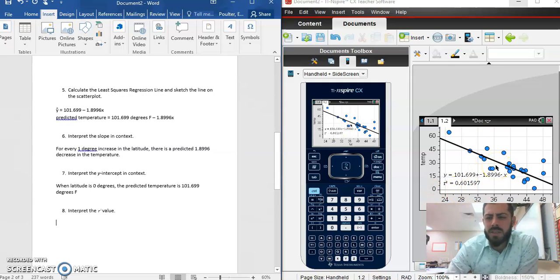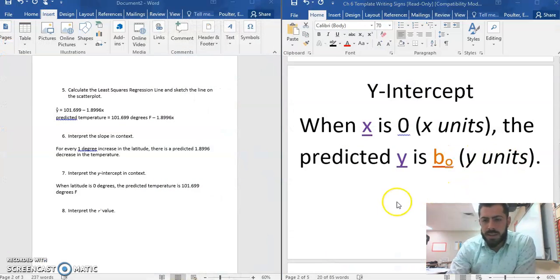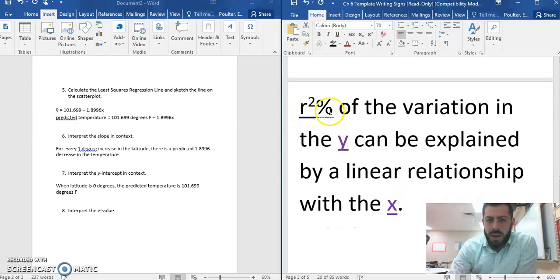It tells us how much variation in our Y happens specifically because of this particular X. So for our context, it tells us how much of the temperature change is specifically dependent on our increase in latitude, right? So we look at our little sentence stem. R squared percent of the variation in Y can be explained by a linear relationship with the X.